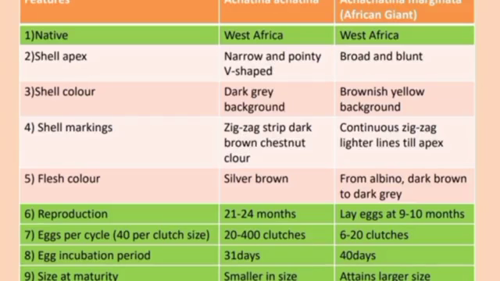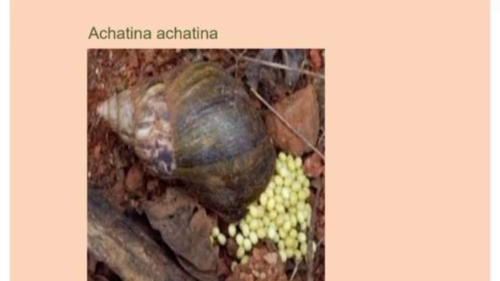Eggs laid per cycle. Achatina achatina can lay as much as 20 to 400 clutches of eggs per cycle, whereas Achatina marginata can lay up to between 6 to 20 clutches of eggs per cycle, giving Achatina a better breed for quick reproduction.